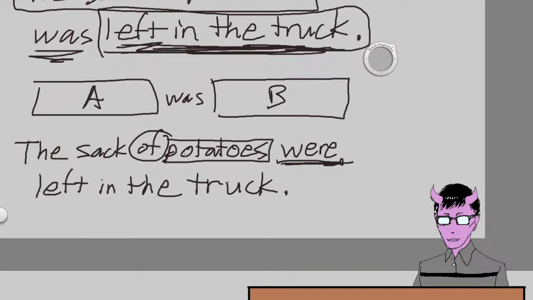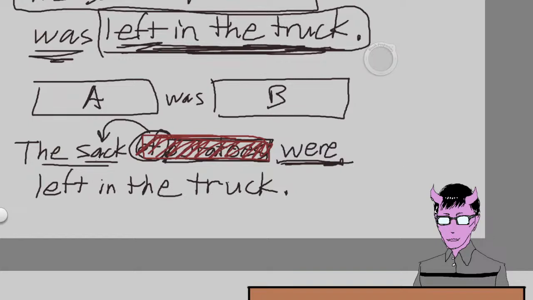Again, you can imagine there's an image. Here's the image. And then if you hover your mouse over it, there's like some little explanatory text. And this is the explanatory text that tells you more about what type of sack that is. So for analysis's sake, you can actually omit this mentally. And now the error of the sentence reveals itself. The sack were left?